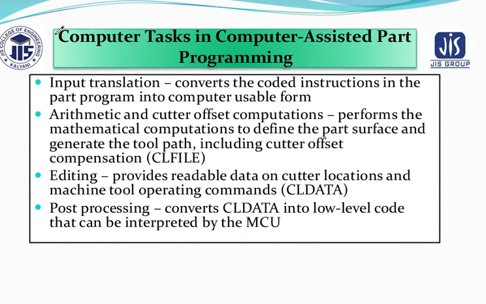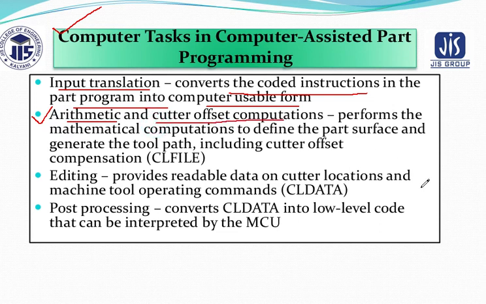Now we are going to discuss the computer task in computer assisted part programming. Well, what do you mean by input translation? Basically, it converts the code of instruction in the part program into a computer usable form. Next we are talking about the arithmetic and cutter offset computation.